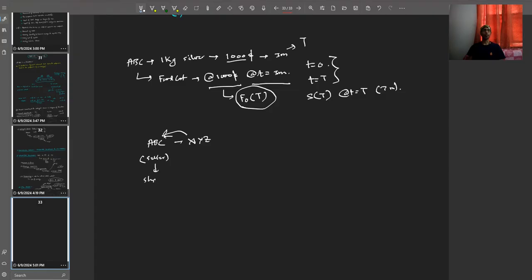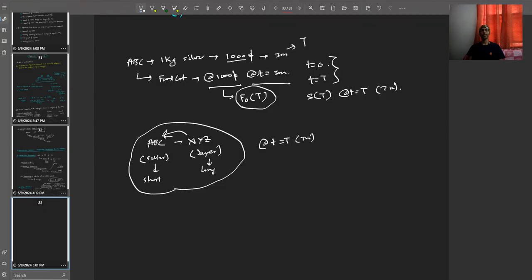He has shorted. And XYZ has bought the contract. He is the buyer, so he is the long entity with respect to the contract, right? Now let's say at T equal to capital T, which is 3 months in this case, the price of silver is $1,200 per kg.